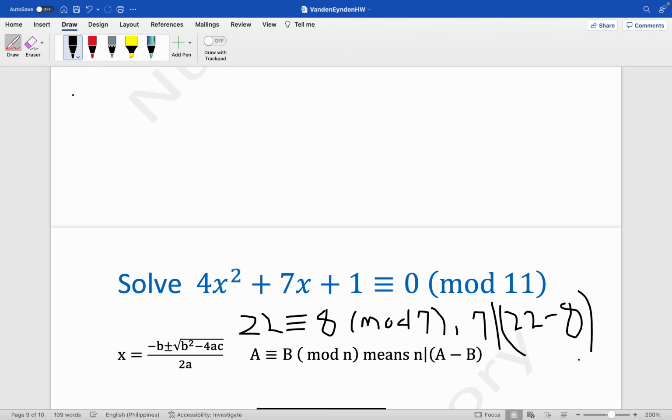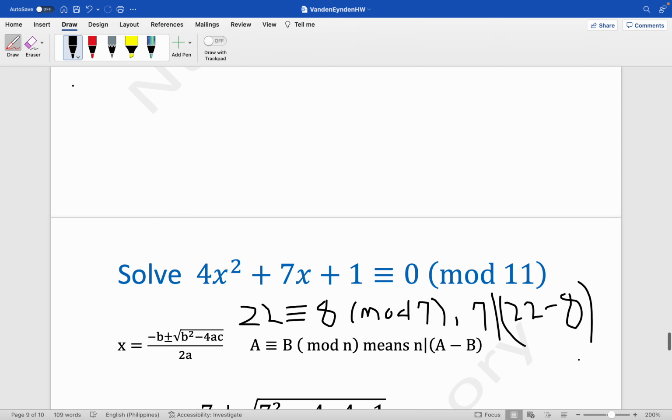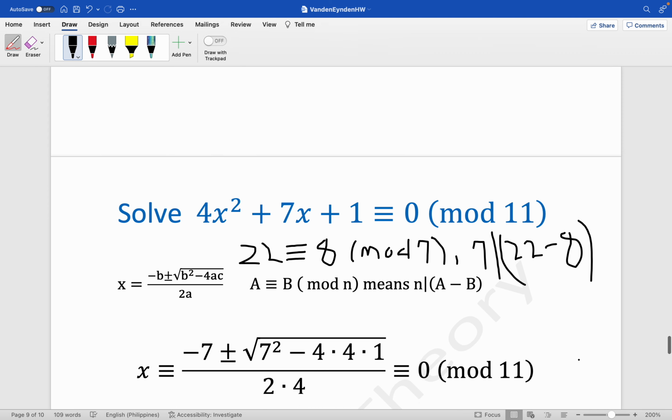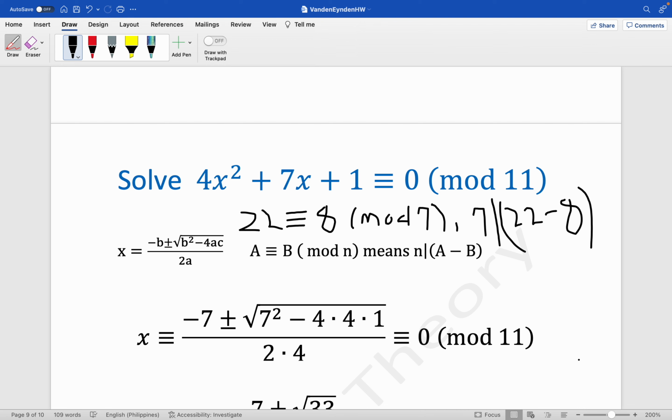Okay, now let's get busy solving the problem. We're looking for solutions to this problem, and so it makes sense that the quadratic formula would work, except we always have to remember we're mod 11, okay? And so I just applied the quadratic formula here, and you guys can go through this, but we get x is equal to negative 7 plus or minus the square root of the quantity 7 squared minus 4 times 1, which is just an immediate application of the quadratic formula up here.